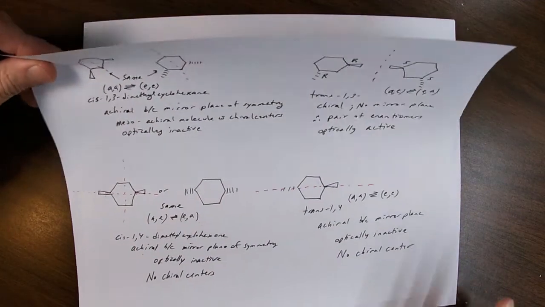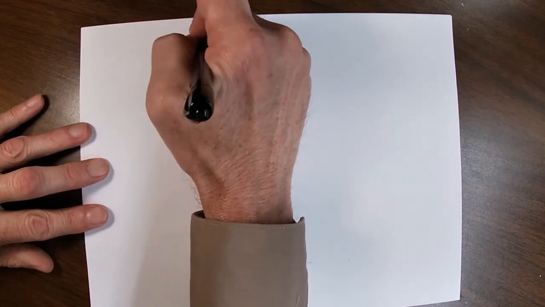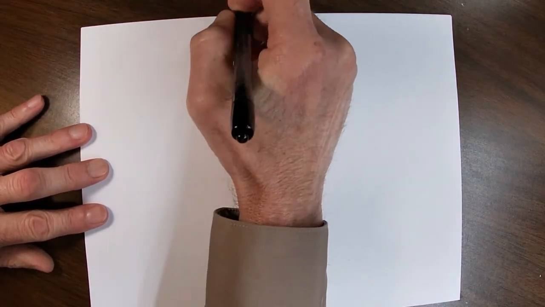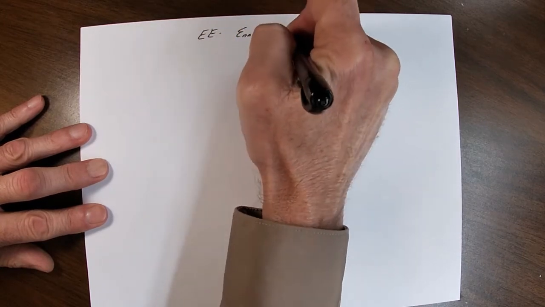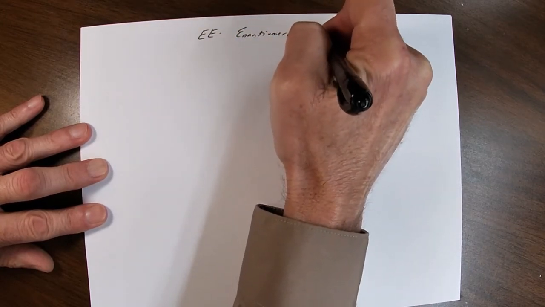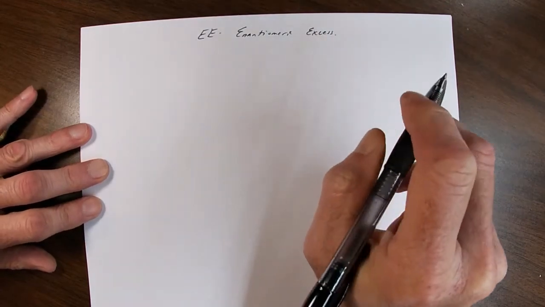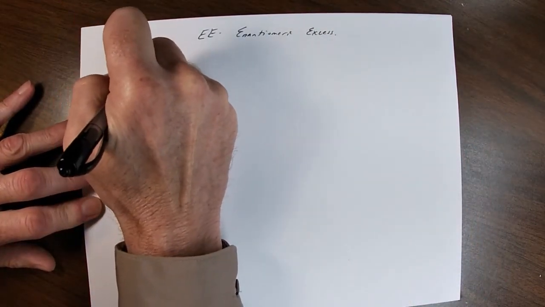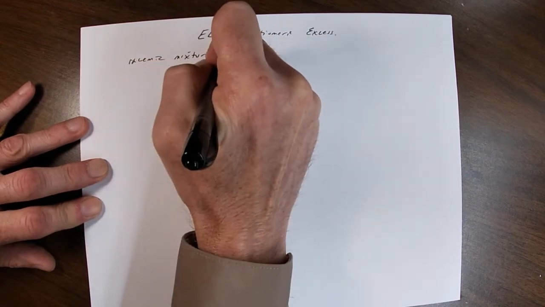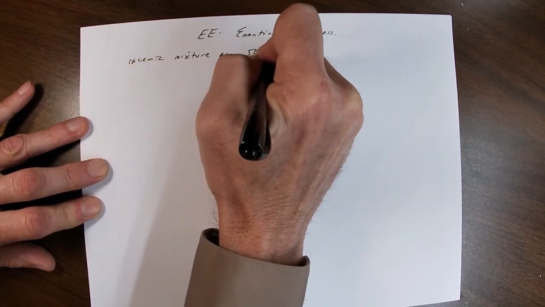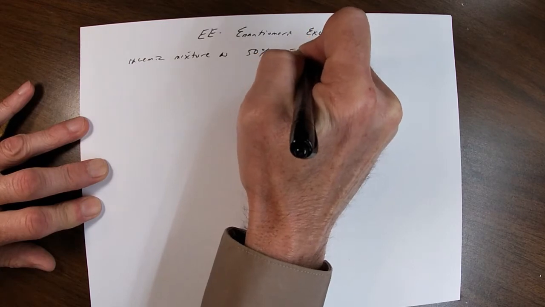The last thing I need to talk about is, again, optical activity and enantiomeric excess, EE. Again, we've defined a racemic mixture as being a 50-50 mixture.